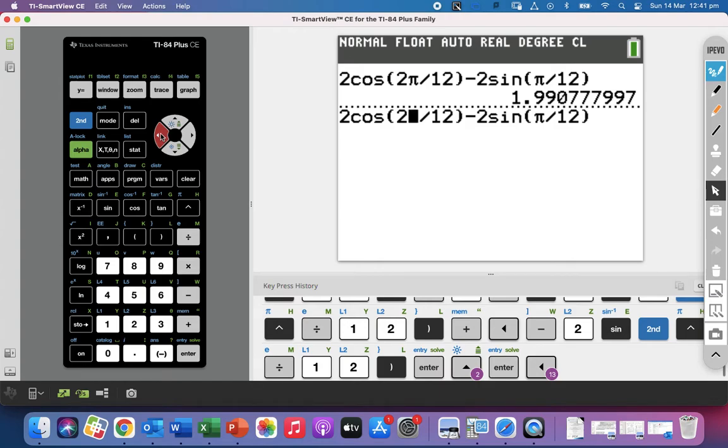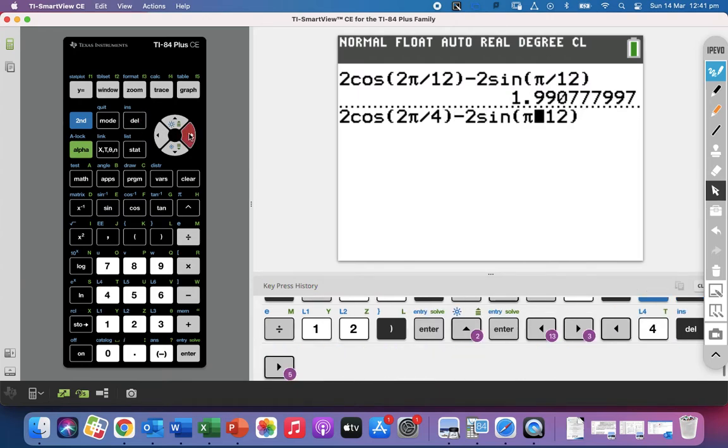Then I had to get above pi on 6. Maybe if I went to pi on 4, that gets me into the next region, between pi on 6 and 5 pi on 6. So with a bit of cut and paste, this testing procedure can be fairly quick.